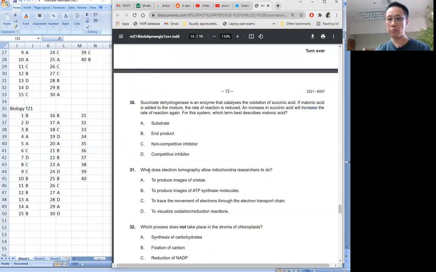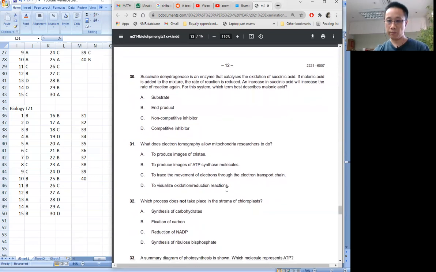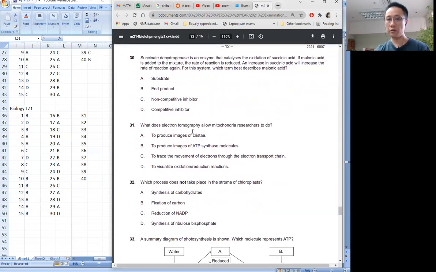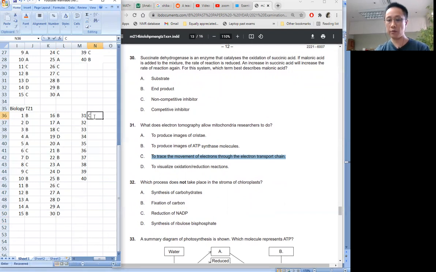31, what does electron tomography allow mitochondria researchers to do? Electron tomography just locates electrons, which is not saying much, but then I think C should be correct because you can locate the molecules that are temporarily carrying these extra electrons.